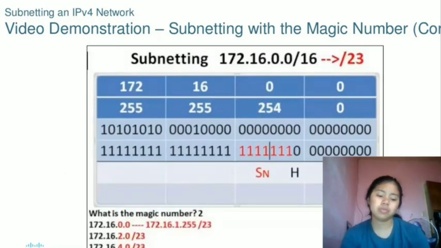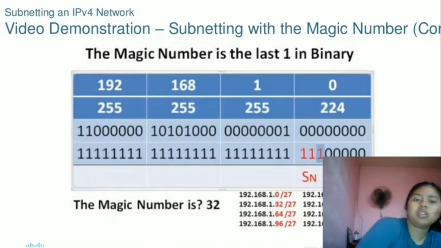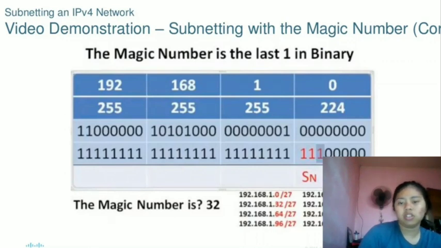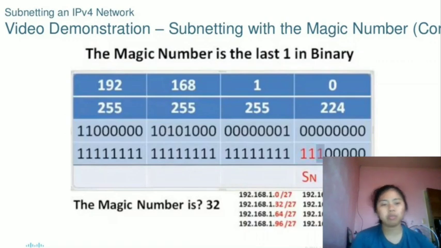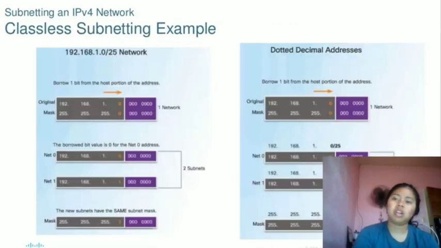So that is how you can solve the subnetting with the magic number. You just need to find the number that consists of the network bits or host bits, and then you will know the classless subnetting example.